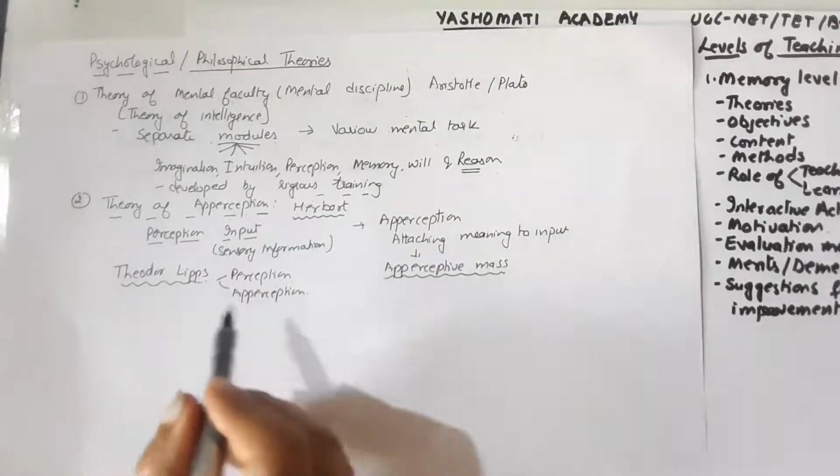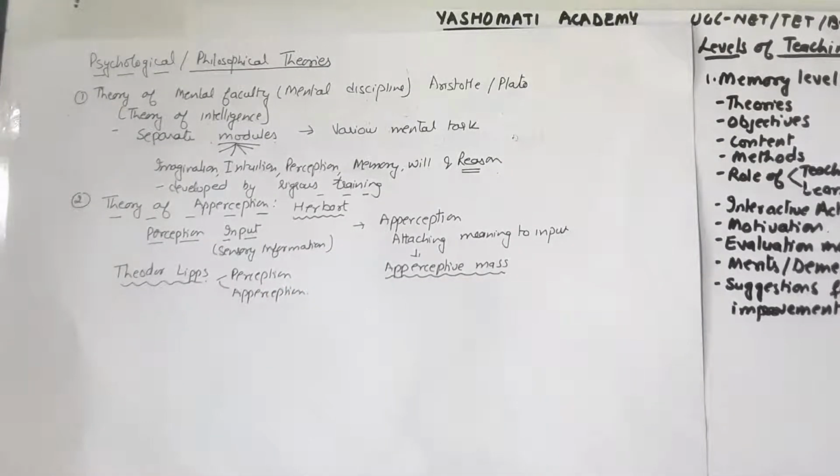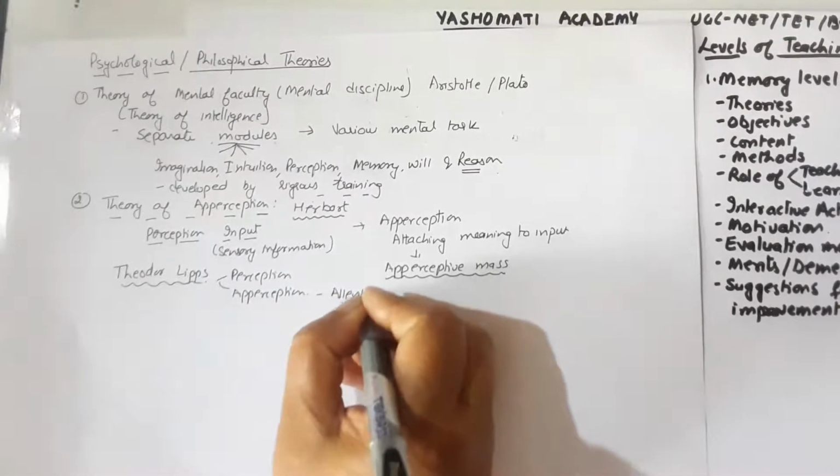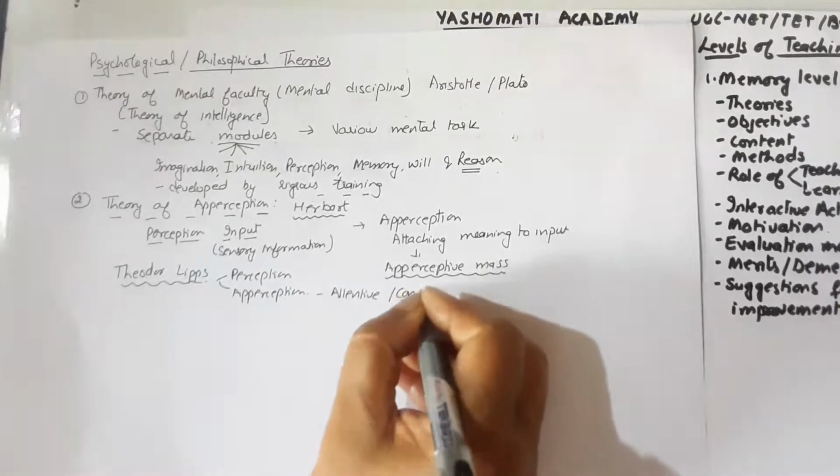According to Lipps, perception is not a conscious process. That means whatever the learner is seeing or perceiving through his environment need not be based on conscious effort. Whereas apperception is an attentive and conscious process.